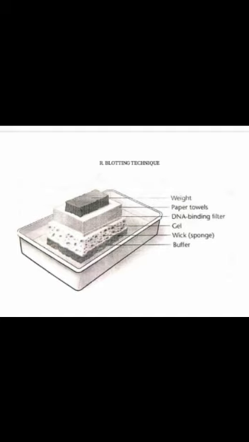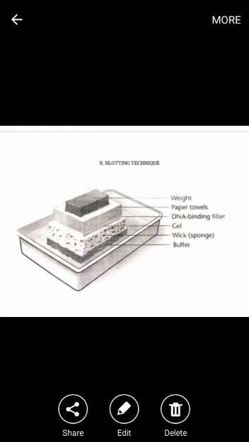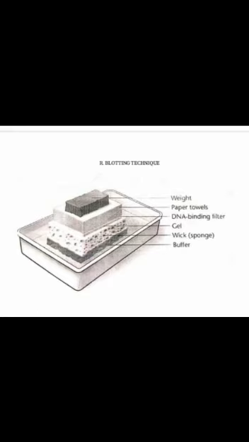DNA isolated from a cell line or tissue is digested with one or more restriction enzymes. This mixture is pipetted into a well in an agarose or polyacrylamide gel and electrophoresed. DNA being negatively charged migrates towards the anode. The small fragments move rapidly.